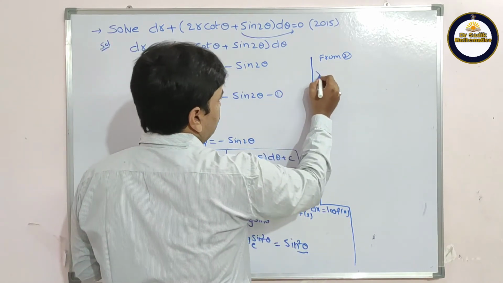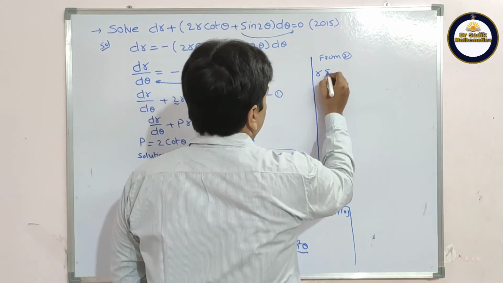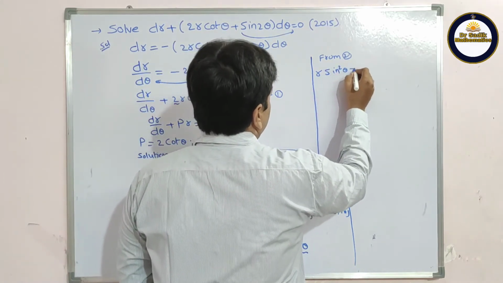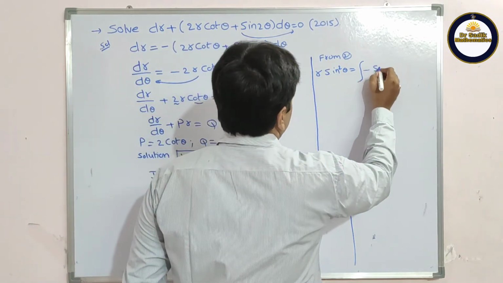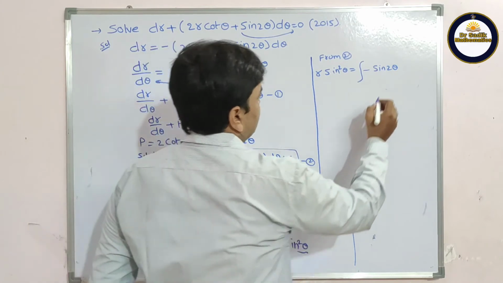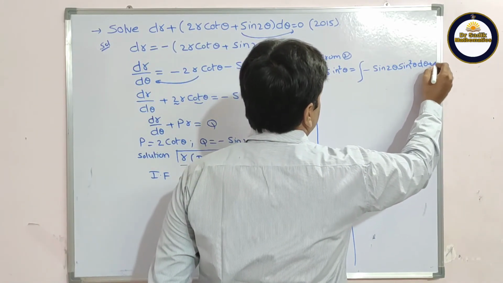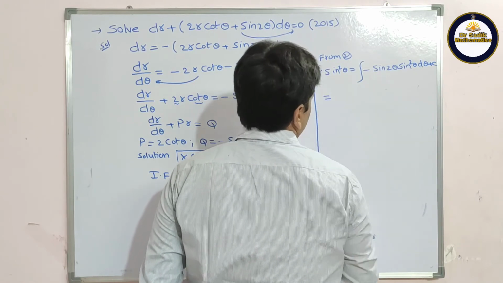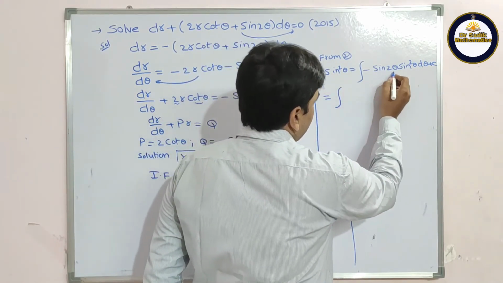So from 2, r into integrating factor, what is the integrating factor? Sin square theta. That is equal to integral of Q, Q is minus sin 2 theta, integrating factor sin square theta, d theta plus c. So that is equal to integral of this sin 2 theta, friends.